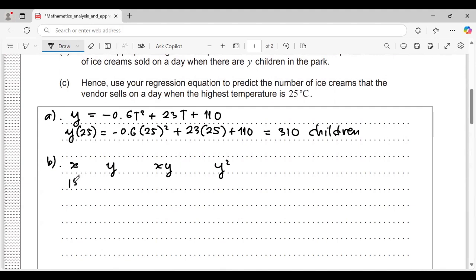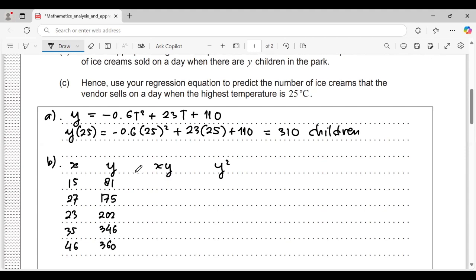The x are 15, 27, 23, 35, 46. The y are 81, 175, 202, 346, 360.